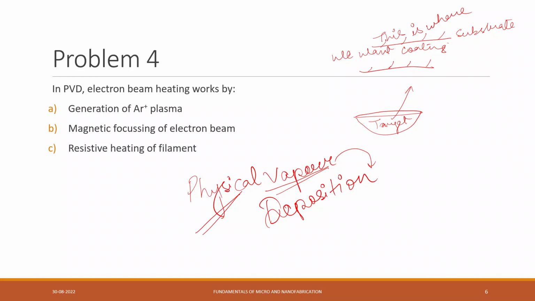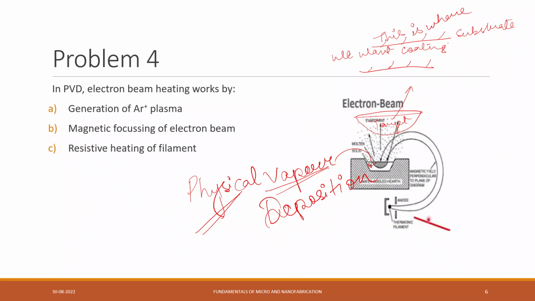So in physical vapor deposition, we usually have two types of heating. One is something called resistive heating. This is where we keep the material, the material target.